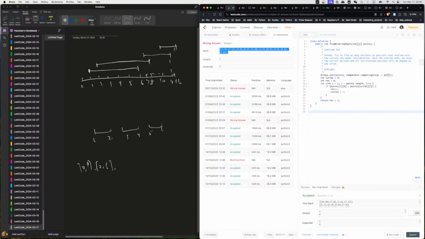I should put [0,9] first, right? Okay, how do I do the comparator? I need to write a... Can I write? Damn it.